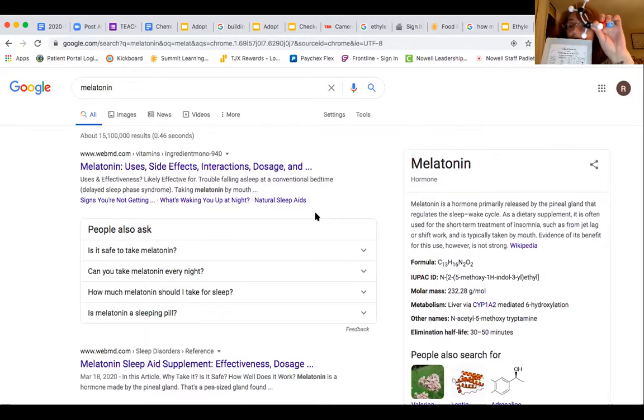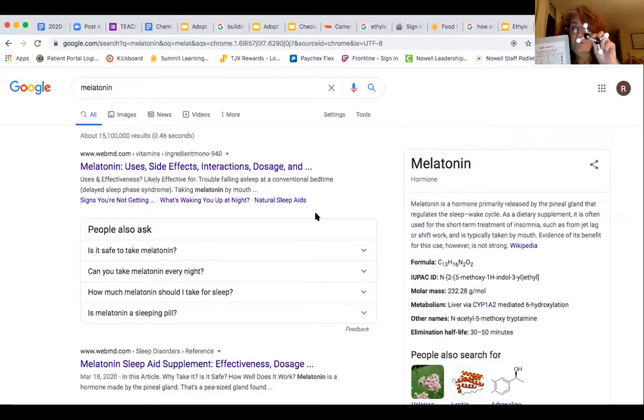So a molecule of melatonin, which we know regulates our awake and sleep cycle, is going to have black carbons and white hydrogens and blue nitrogens and red oxygens, okay?